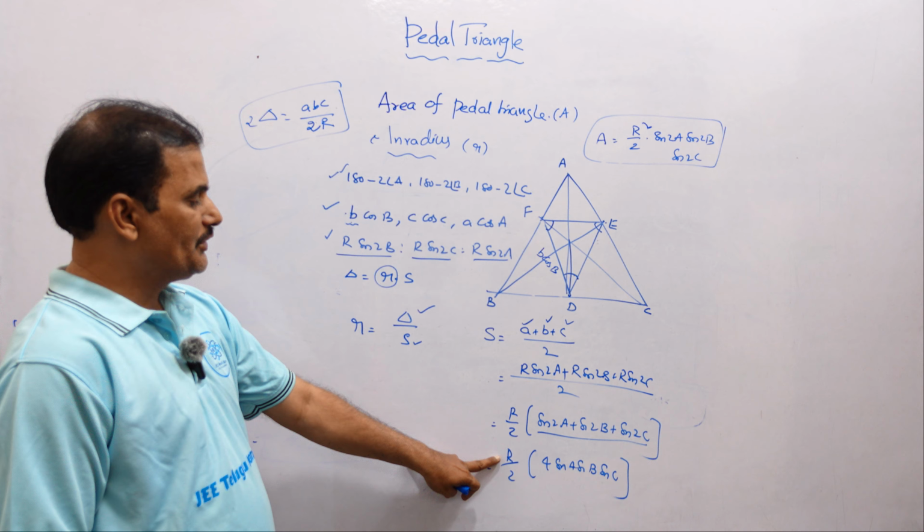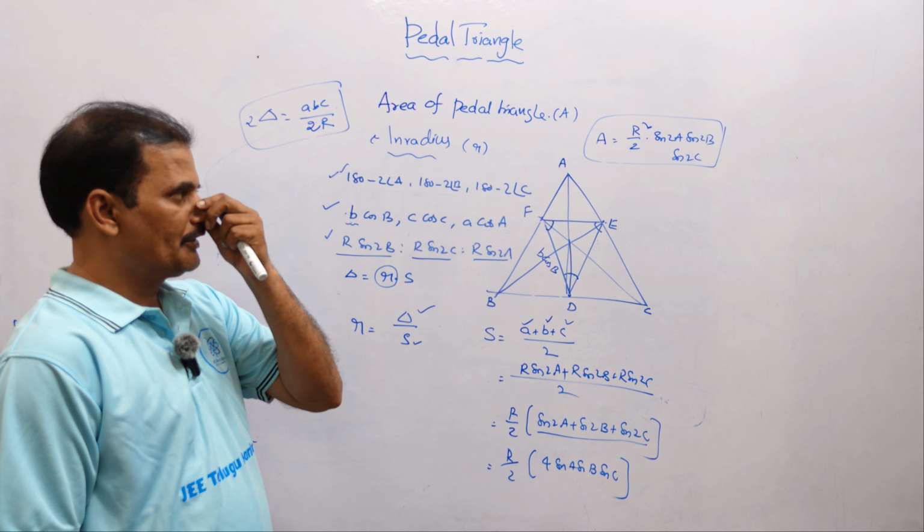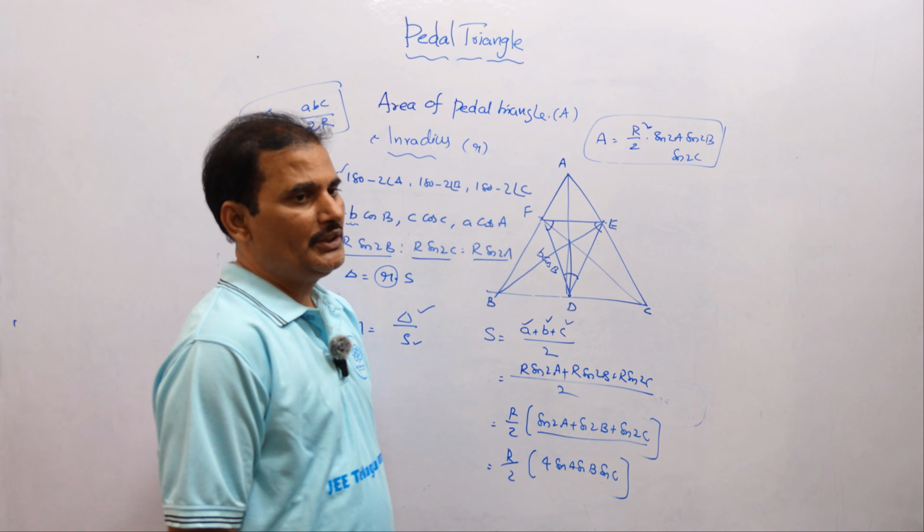Now the semi perimeter has come, and the area has also come: R square by 2 into sin 2A, sin 2B, sin 2C.